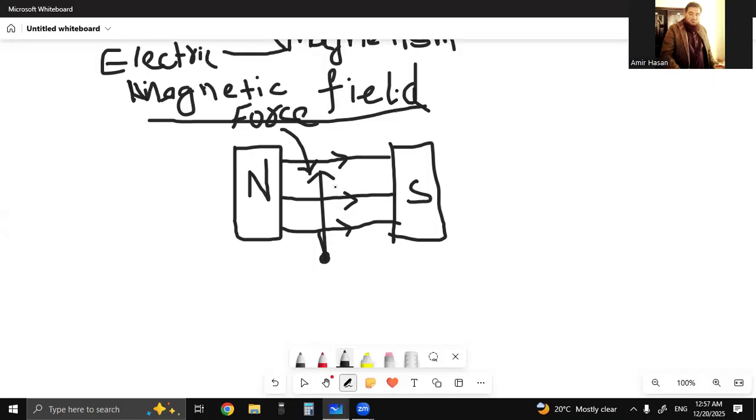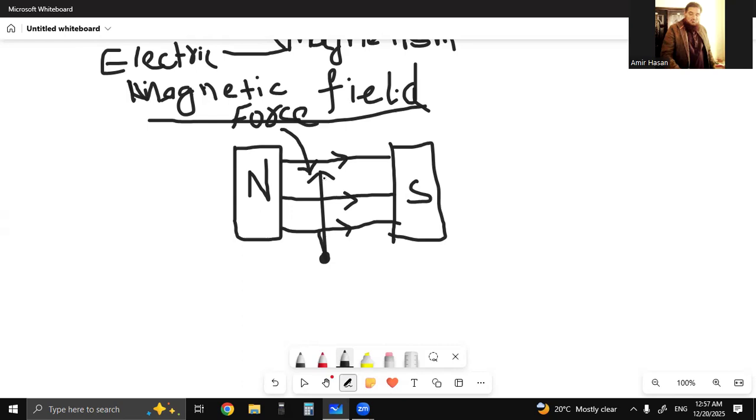The charge is moving in the magnetic field, and this force is applied on the charged particle. I will further define how the force is applied and what the direction of the force is, but here I am basically explaining the magnetic field.